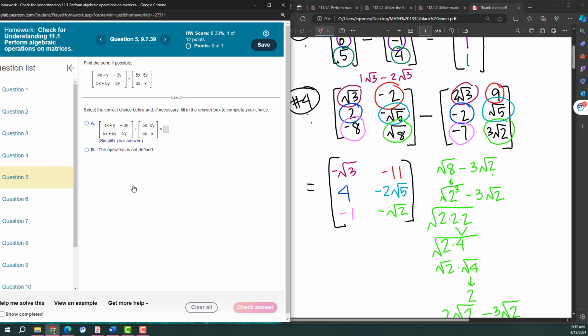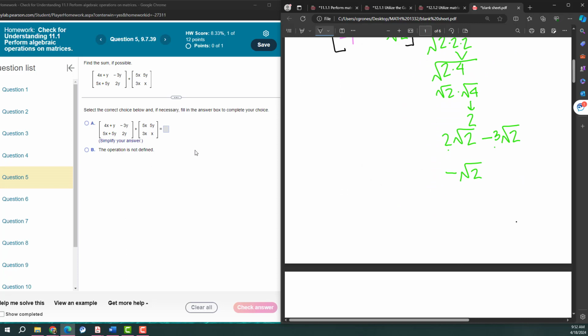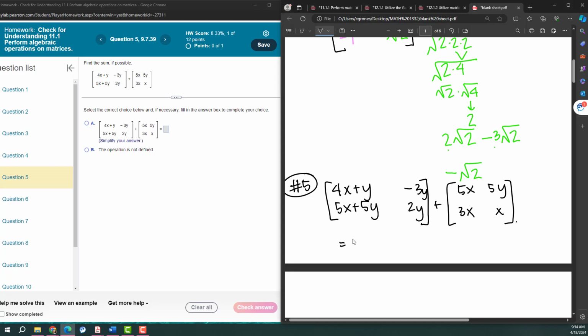Okay, I'm also going to do number 5. Let me scroll down here. It says find the sum if possible. So same thing that we've been doing, we're just going to take the values that are in the same position and we're going to add them.